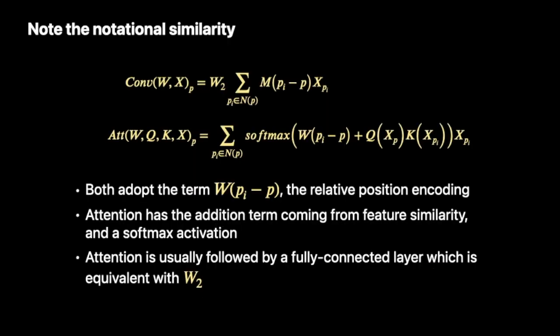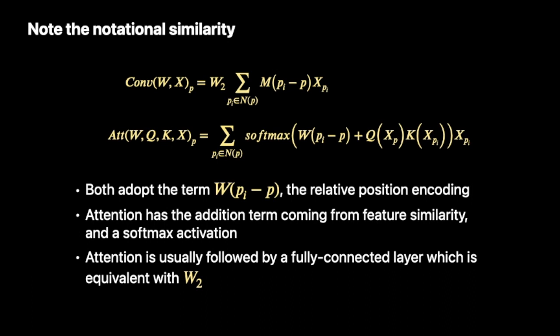So our goal is to incorporate attention into PointConv, so we can check their formulations first to see the similarities and differences. The similarity lies in that they both use the relative position encoding. And W2 is also similar in PointConv and attention-based models, which usually have a linear layer after the attention-based model. The difference is that the attention-based models have this Q times K term, which works on feature similarity.